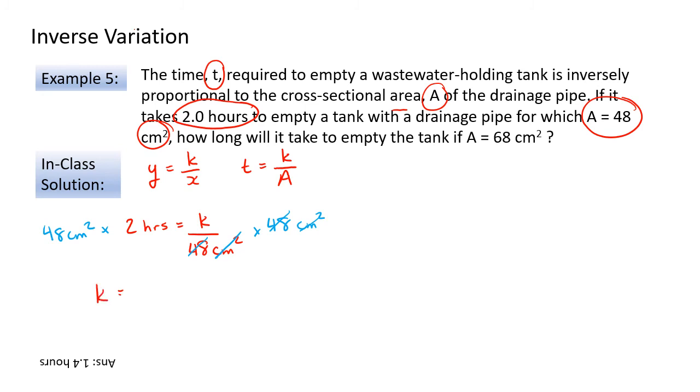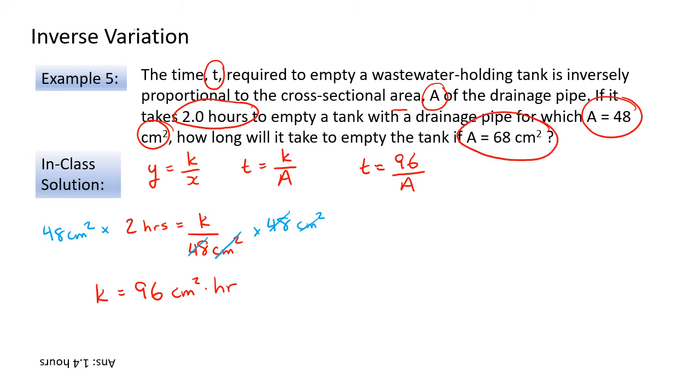And our value for k is equal to 96 centimeters squared times hour, because the units are not canceled here. So you have to keep those units within your constant. So our equation becomes t is equal to 96 divided by a.